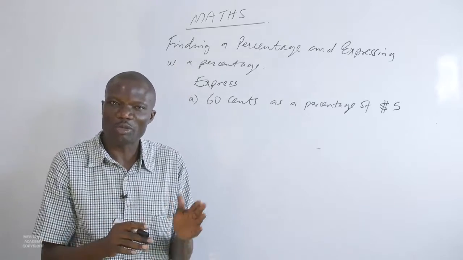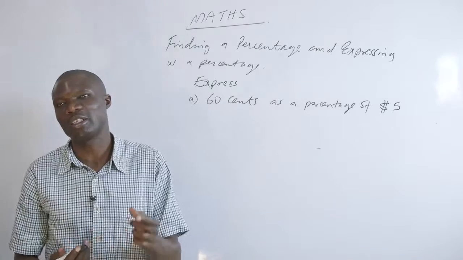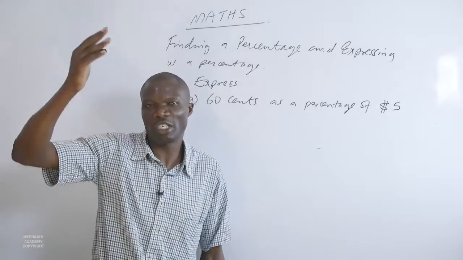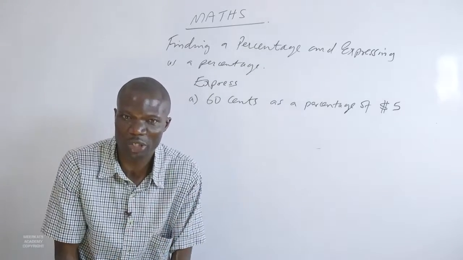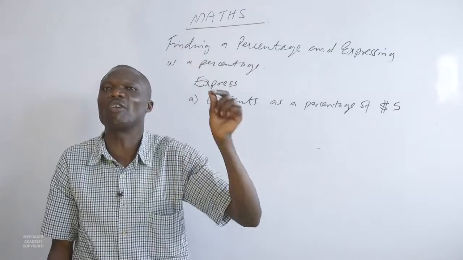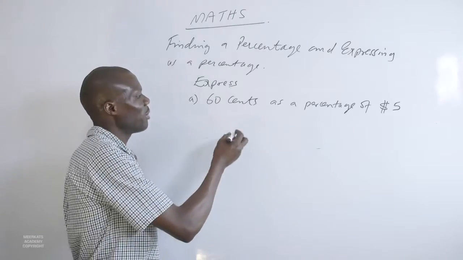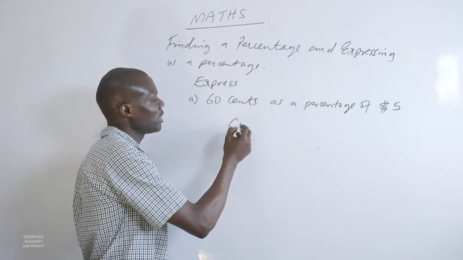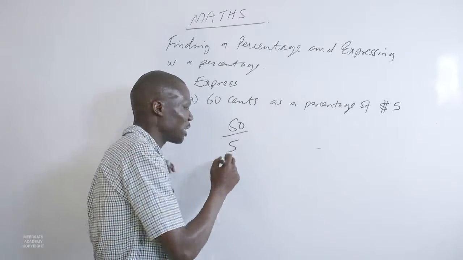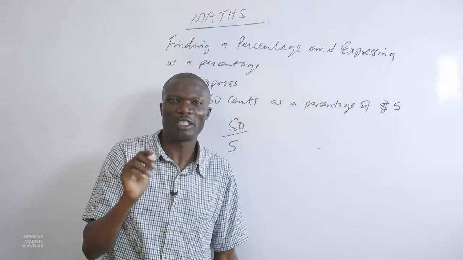Because for us to be able to convert what we want into percentages, the units must be the same. If it's about measurements, if we have centimeters, the denominator should also be centimeters. If it's about dollars, if we have cents up there, the denominator should also be cents. You cannot say part of the whole is 60 cents and the denominator is $5. This is wrong. Convert $5 into cents.